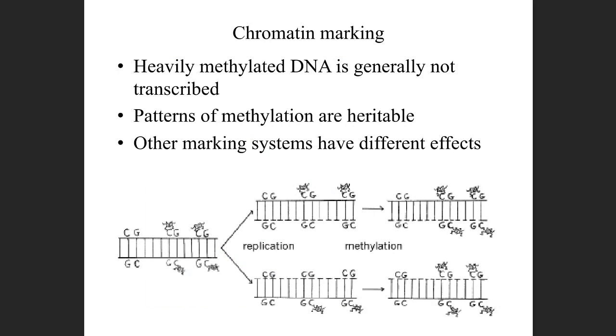Heavily methylated DNA is generally not transcribed. And what's interesting is that some methyl groups are stripped when forming gametes, but there are others that are heritable. So the methyl groups that you have before cell division and before gamete formation sometimes persevere into the next generation.